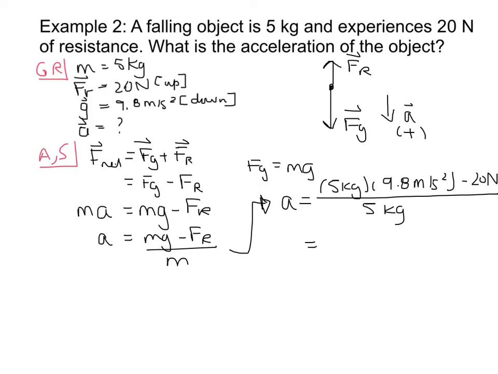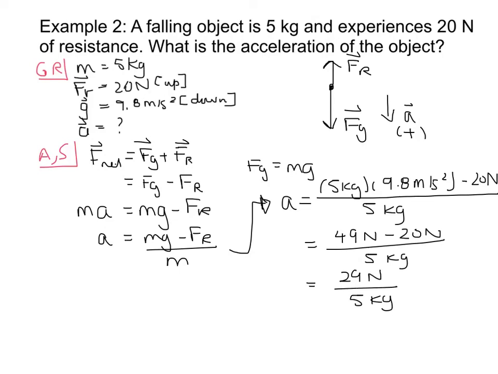So when I pull up my calculator and I type in 5 times 9.8, I get 49. So 49 newtons minus 20 newtons. Remember, to add and subtract, it has to be the same unit. So this is 29 newtons divided by 5 kilograms, and on the previous slide, newtons divided by kilograms gives me meters per second squared.